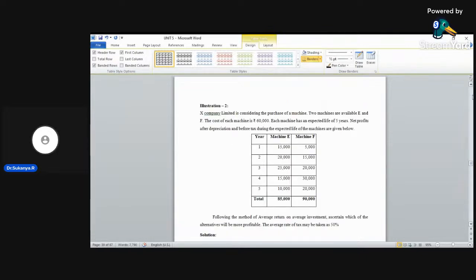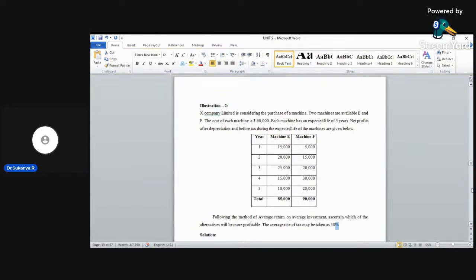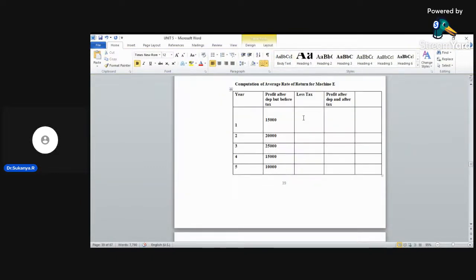What is the percentage of tax given in the problem? It is given as 50%. So here you have to take 15,000 into 50 divided by 100. So how much does it come to? 7,500 is the tax. The next one will be 20,000 multiplied by 50 divided by 100.